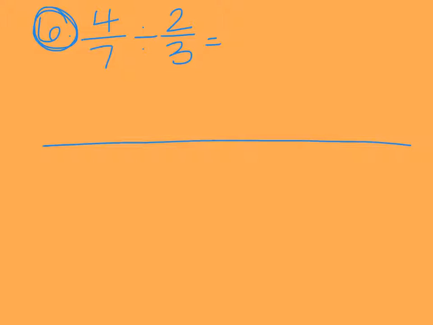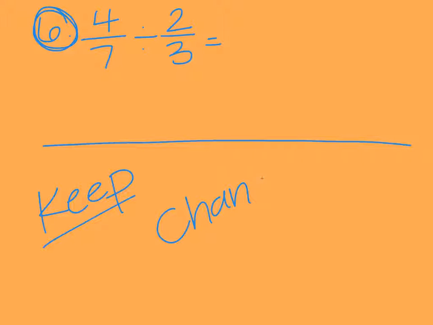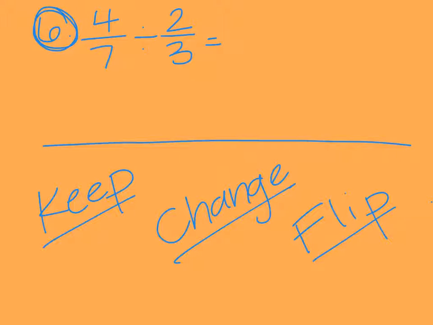And the words that I want you to remember are keep, that's the first thing, change your sign from division to multiplication, and flip your second fraction. So those are the steps we're going to follow again. You can write this down in your math notebook if you want to.